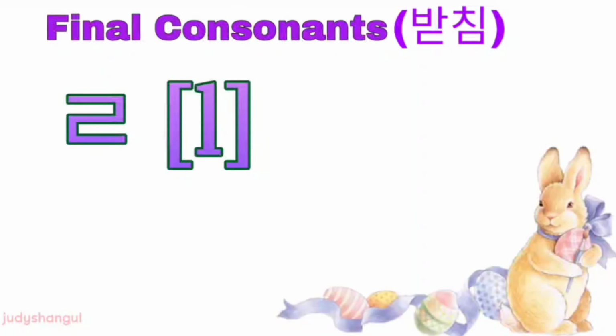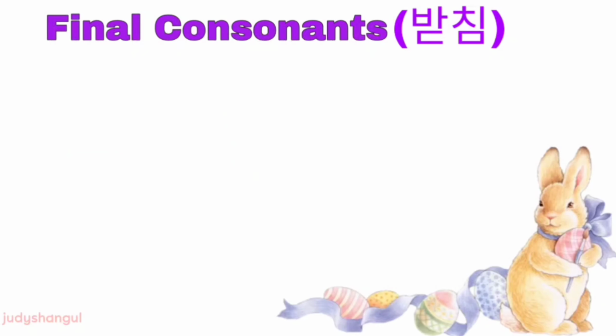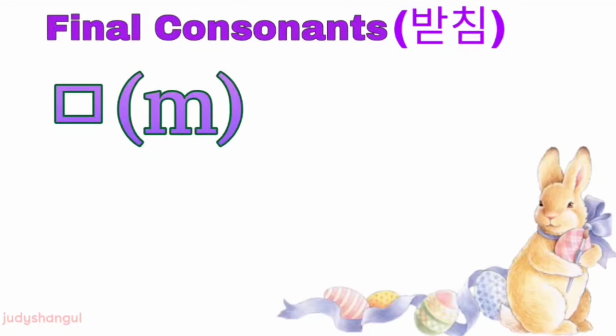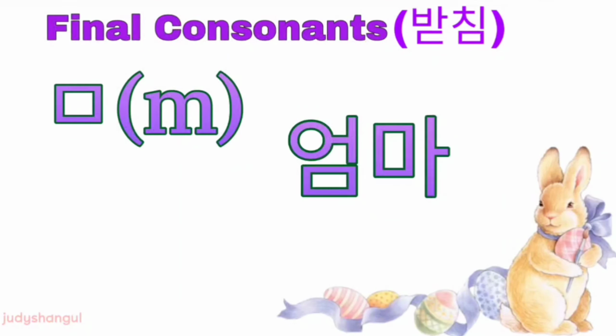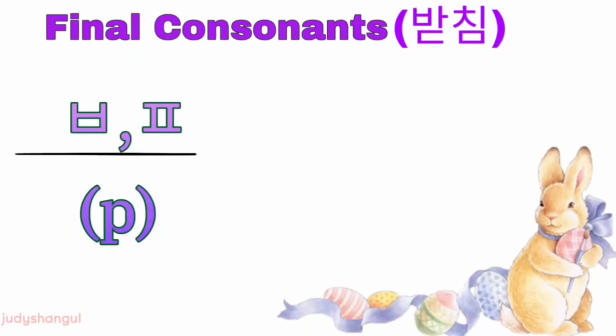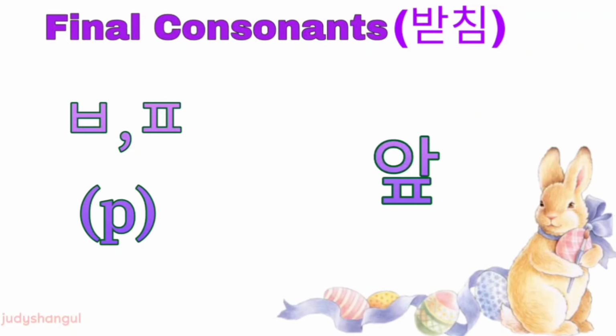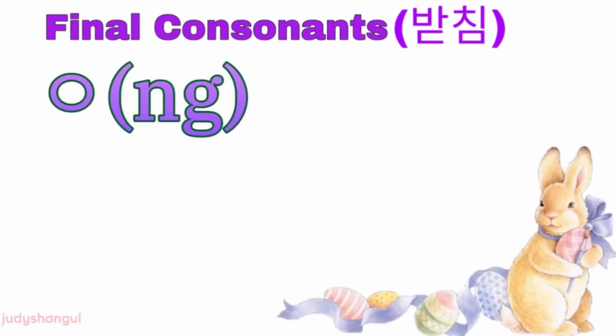Next, 리을, L sound. 살, 말. 미음, M sound. 밤, 엄마. 피읖, P sound. 밥. 이응, NG sound. 빵, 랑, 강.